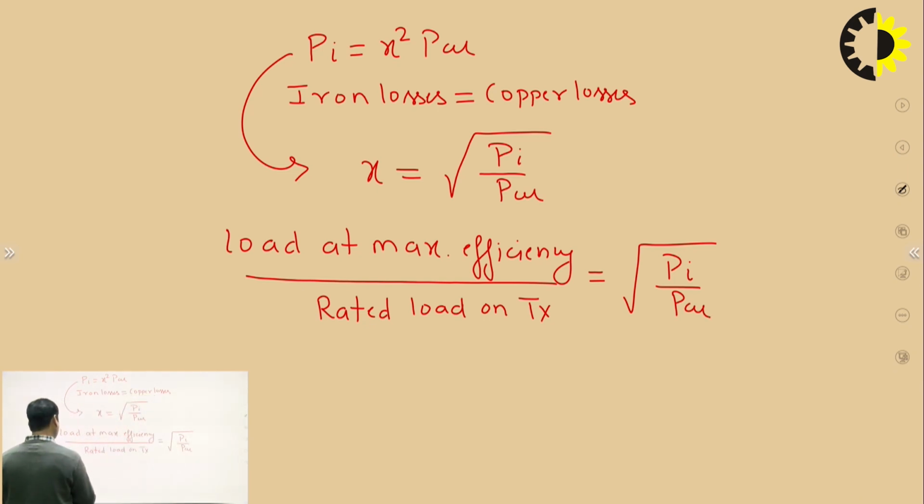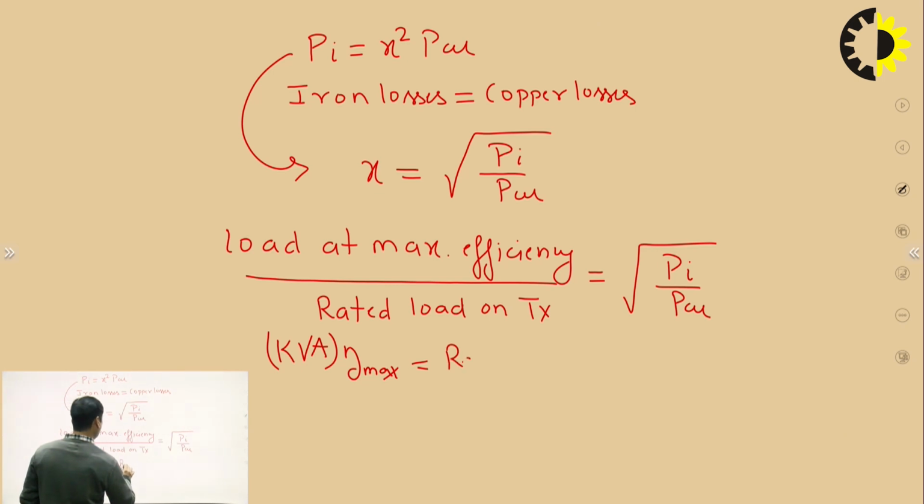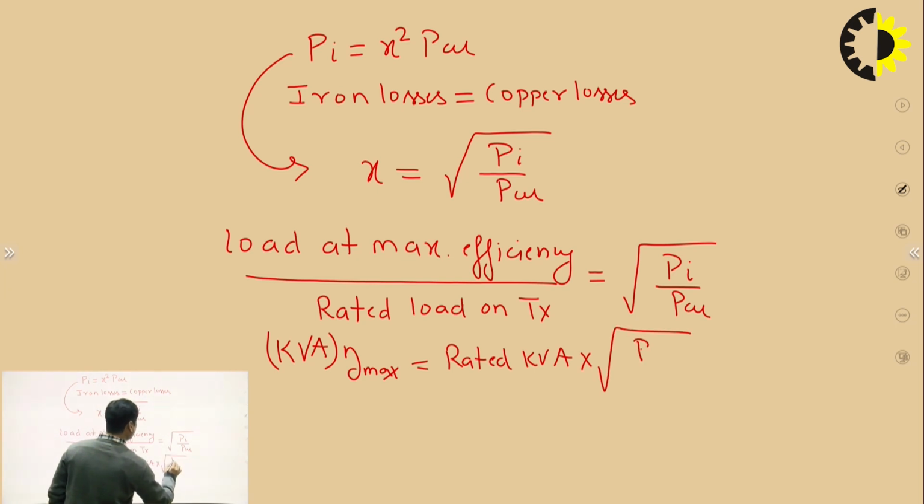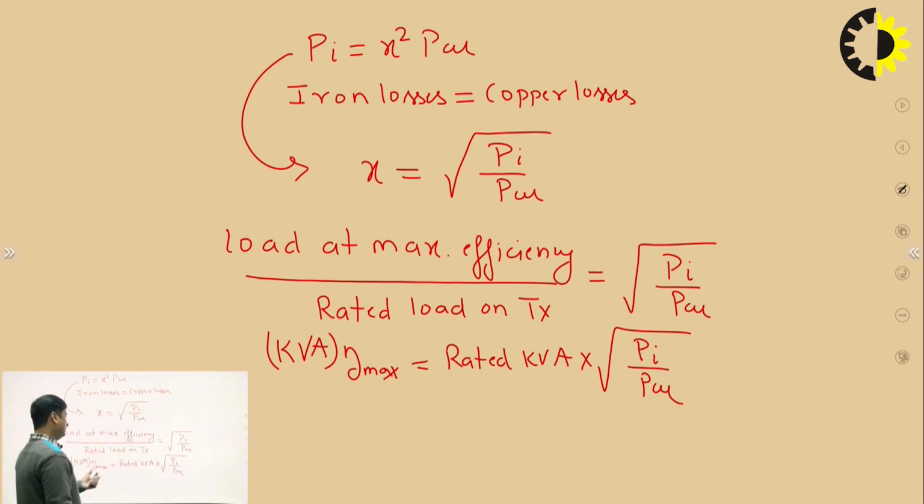We can represent the load in terms of kVA: the load at maximum efficiency is equal to the rated kVA times the square root of iron loss upon copper loss. So from this we can calculate the load on a transformer at maximum efficiency, given by this expression.